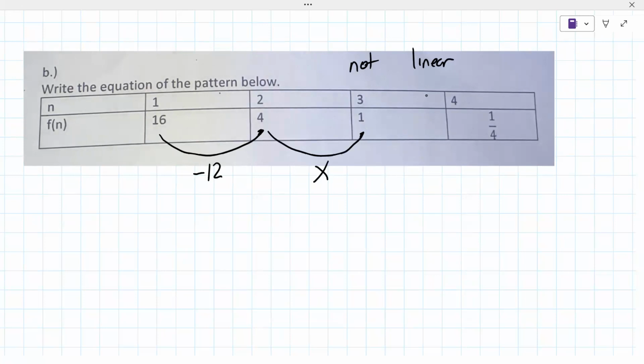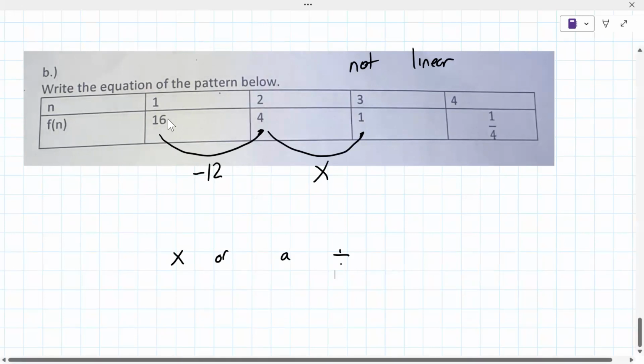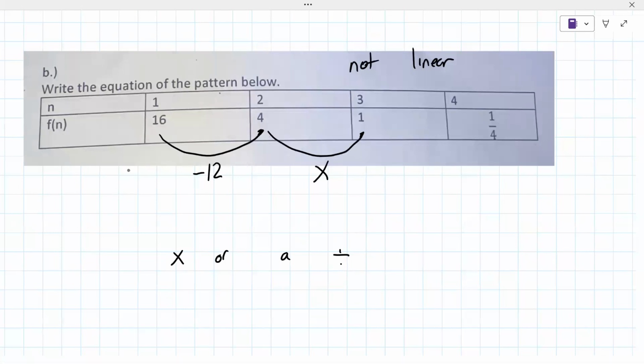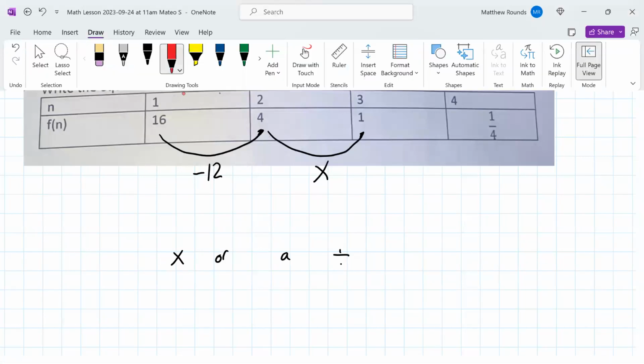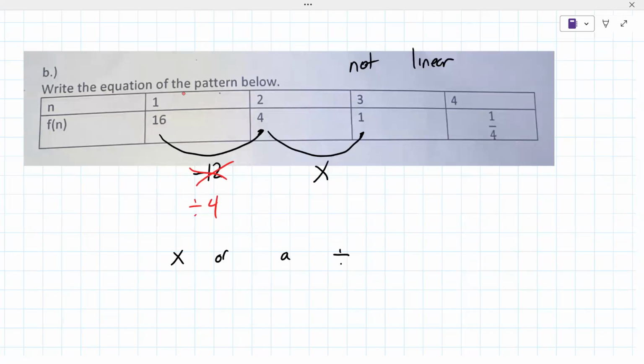So this is a multiplication or a division. To go from 16 to 4, what do you multiply or divide by? Divide by 4. Now, does that work for the next one? Divide by 4 to 4. Yeah, it keeps working.